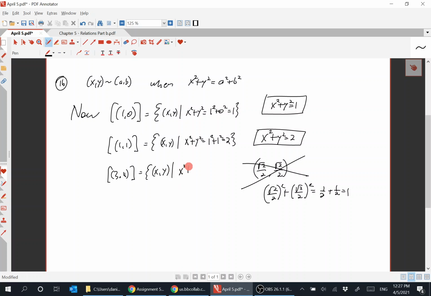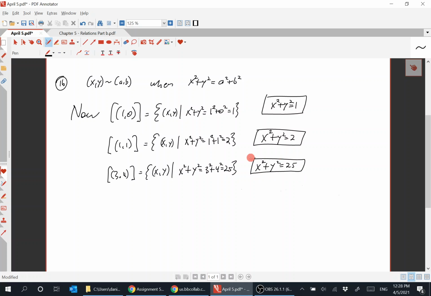Such that x squared plus y squared equals 3 squared plus 4 squared, which is 25. And that's the circle of radius 5.